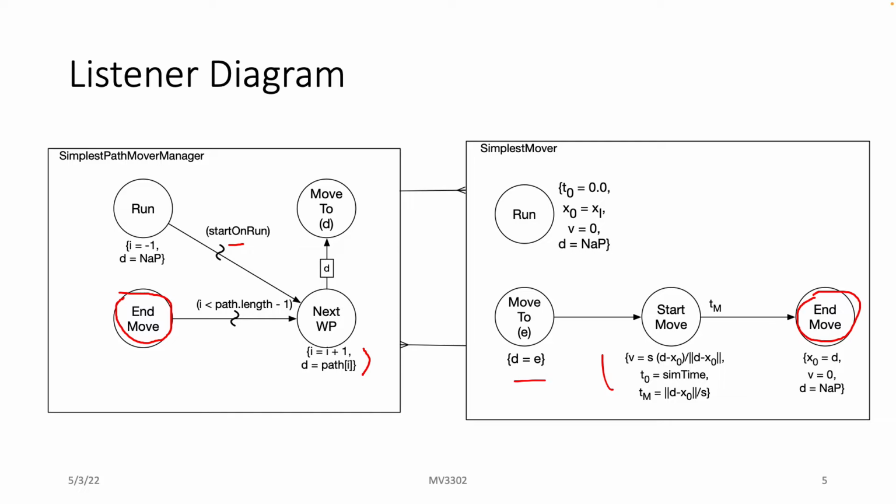I want to use the getter because I want to make sure I pass a copy to preserve encapsulation. Finally, here's the end move event, and basically I'm saying if there is a next index, then I want to schedule another next waypoint. The next waypoint method is protected by the fact that the next index is going to be a legitimate index.